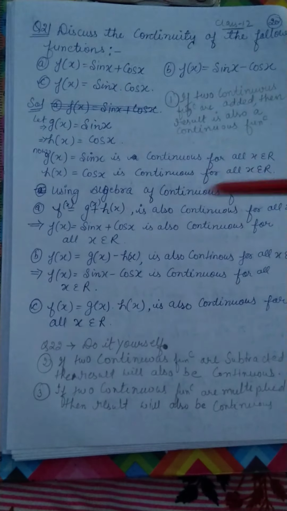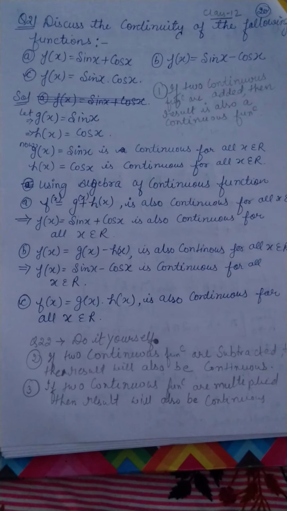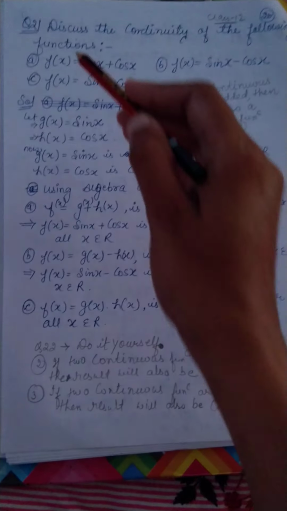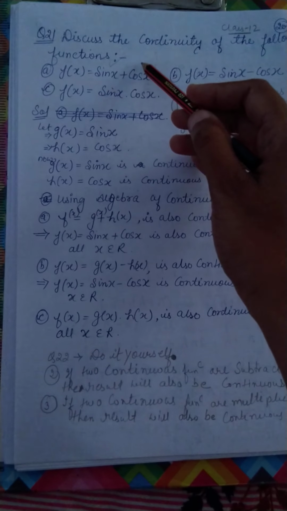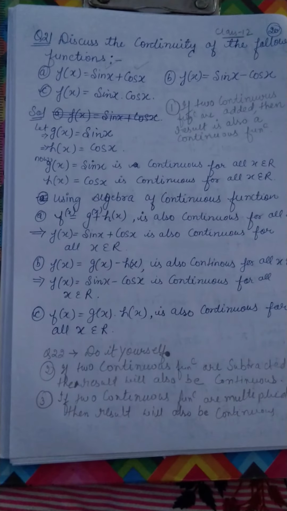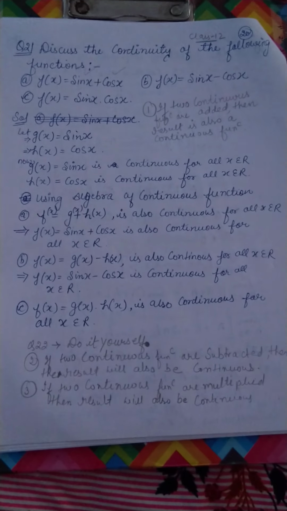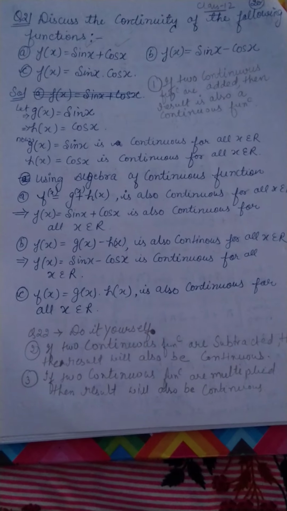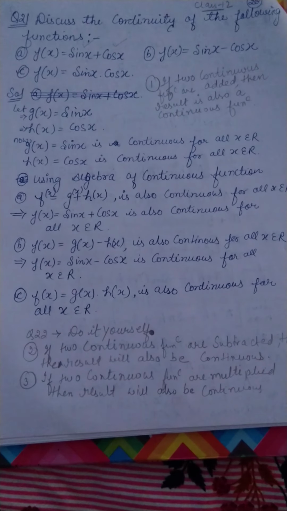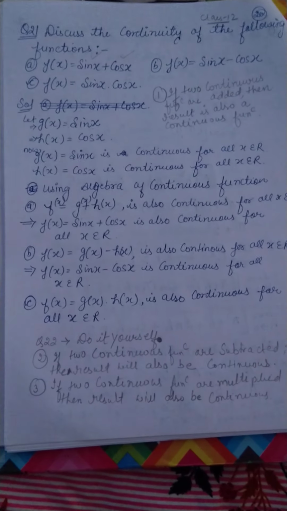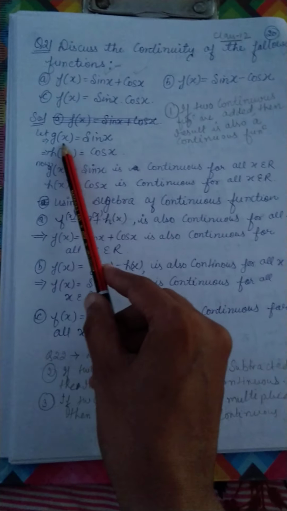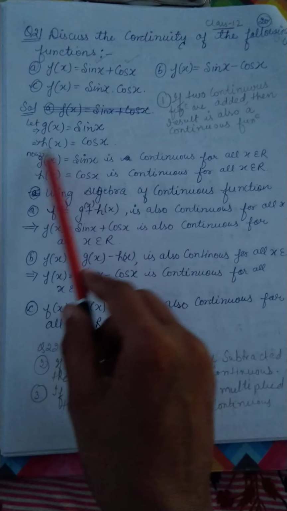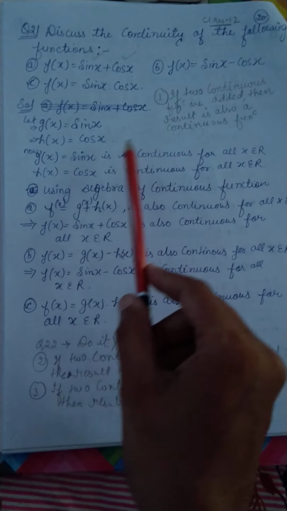In this bachche, it is already known to us that sin x is continuous, and it is also known to us that cos x is continuous. We already know, it is already proven that sin x is continuous as well as cos x is continuous. So let g(x) is equal to sin x and h(x) is equal to cos x.